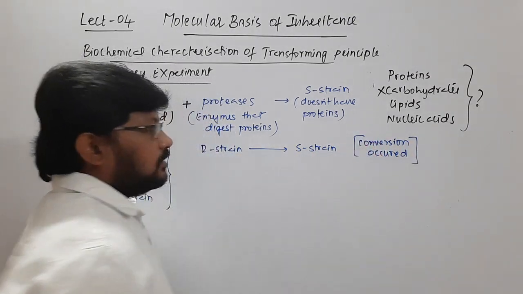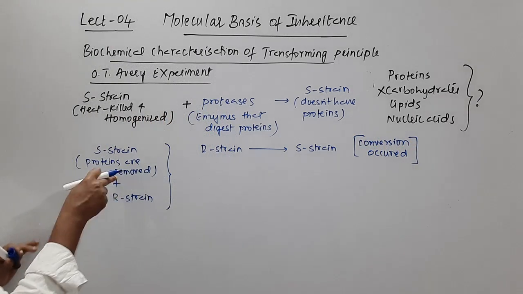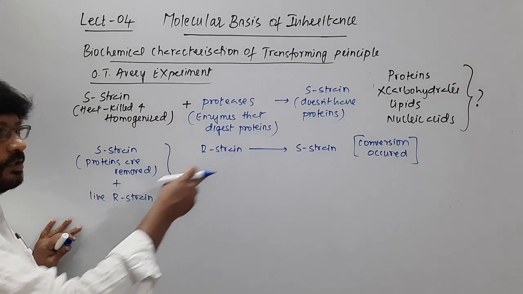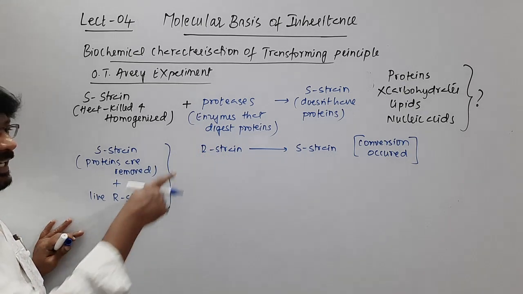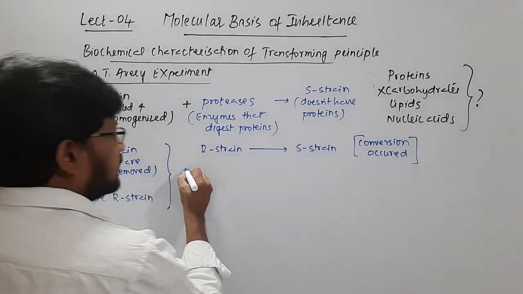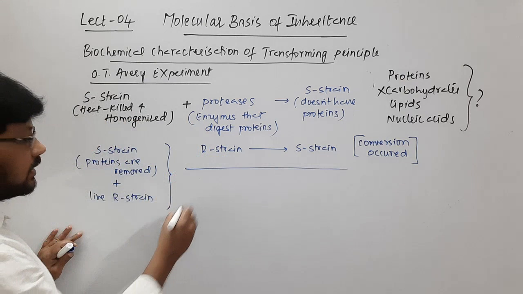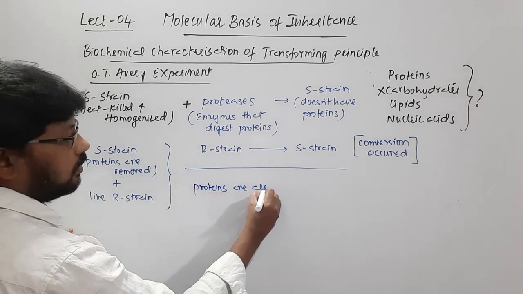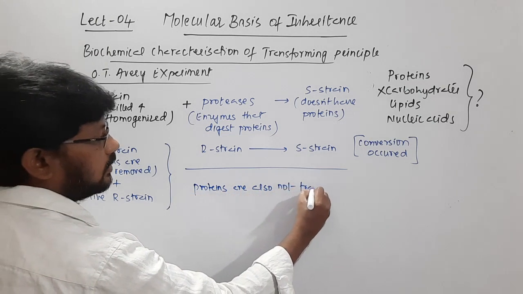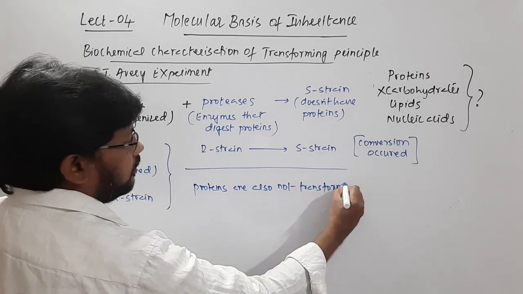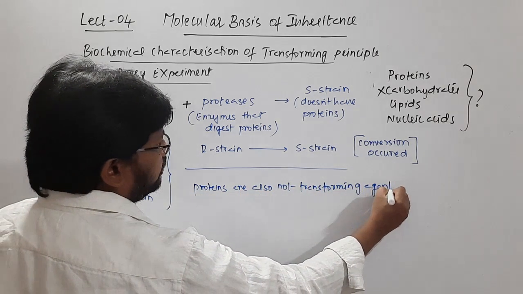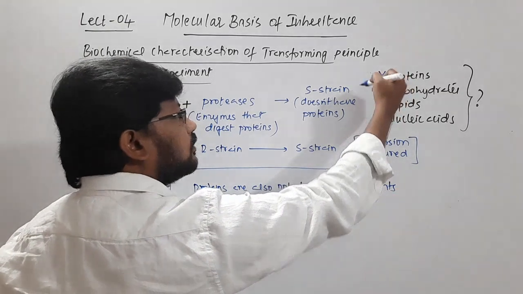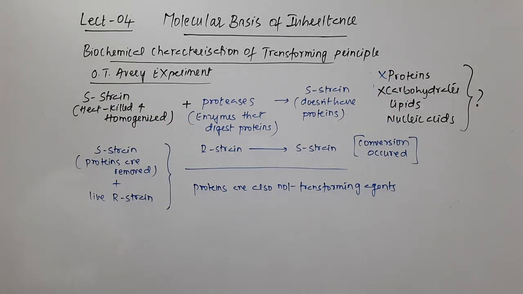If the proteins were the transforming agents, this conversion should not take place, but it has taken place, and this makes us understand that proteins are also not transforming agents. So we are going to remove proteins from the list.